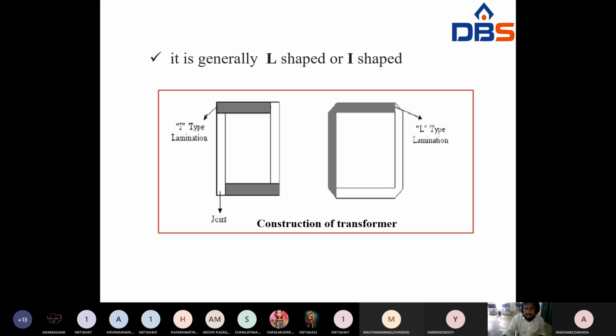Like that we have to design. This is L and I. Otherwise like this, I type lamination you have to take. We have to join the laminations with the help of L type, I type or E type laminations, right?